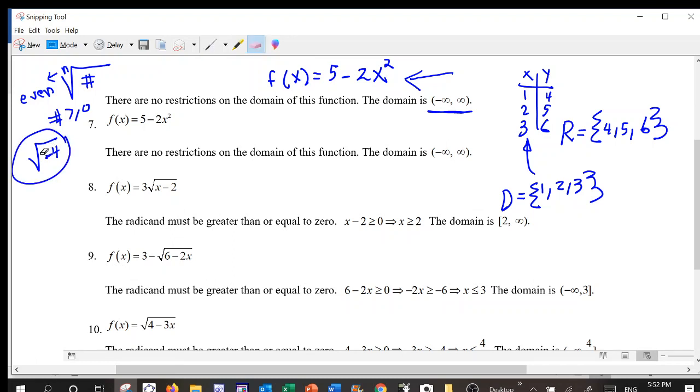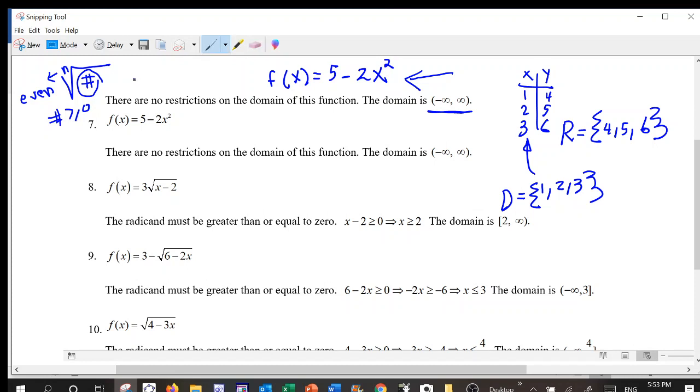I know we can make sense of it as a complex number, but it's not a real number. What about the 4th root of -16? That doesn't make sense either, right? So any even index will not work with a negative radicand. So what do we do when we have radicals? We have to make sure the stuff that is inside, which is called the radicand, is greater than or equal to 0.